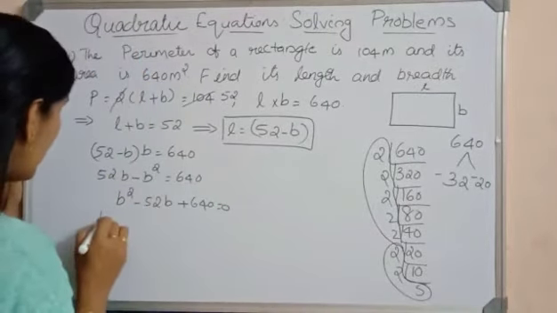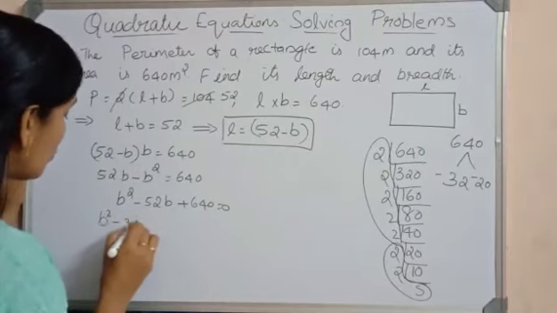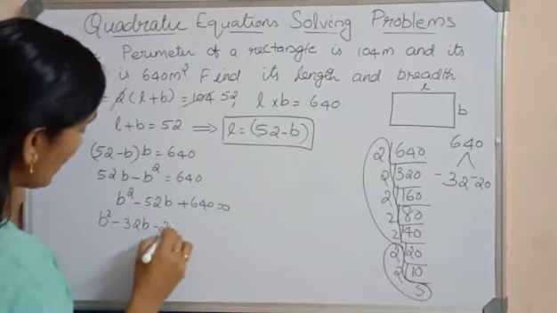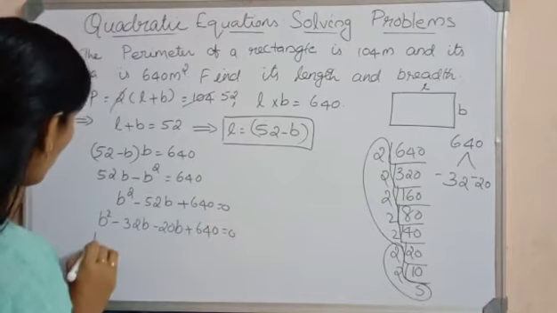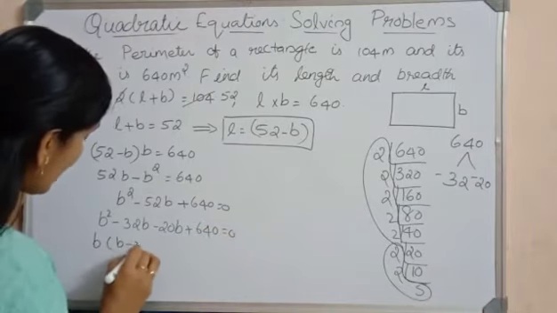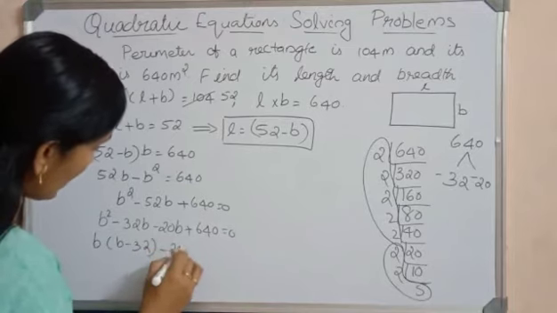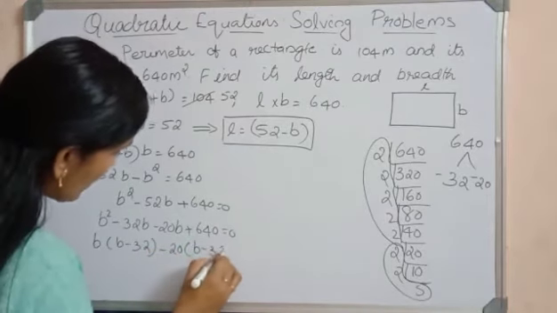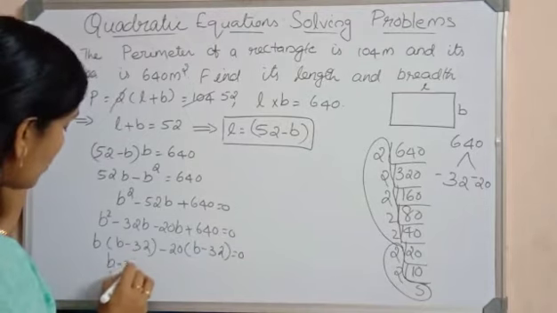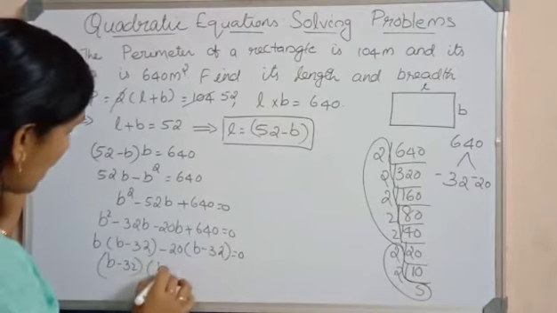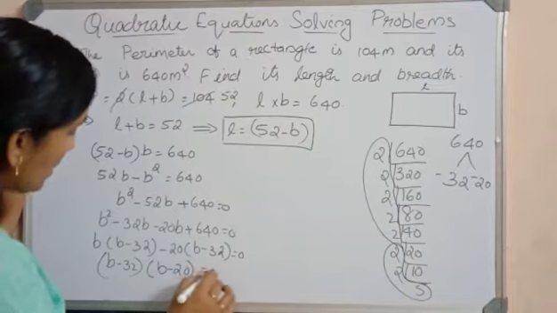So this will be B square minus 32B minus 20B plus 640 is equal to 0, or B into (B minus 32) minus 20 into (B minus 32) is equal to 0, or (B minus 32) into (B minus 20) is equal to 0.